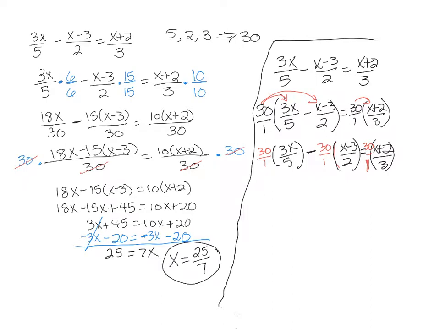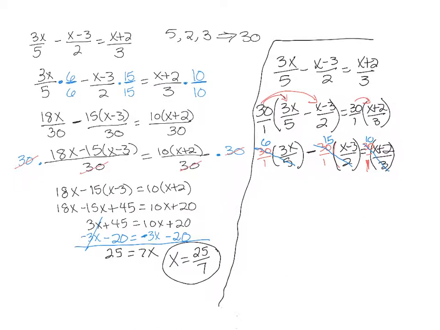Now, what happens? I cancel. 30 on top, 5 on the bottom leaves me with a 6. 30 on top, 2 on the bottom leaves me with a 15. 30 on top, 3 on the bottom leaves me with a 10. What do I get?